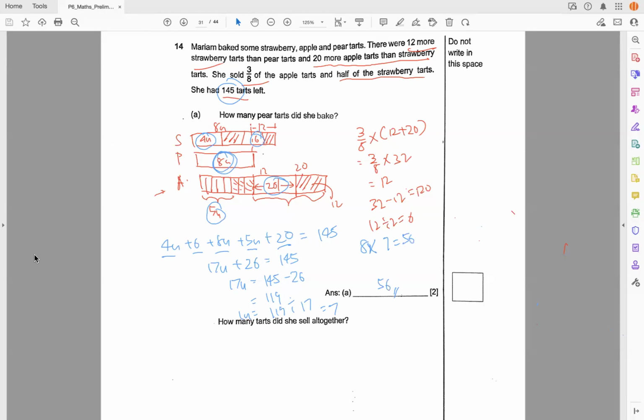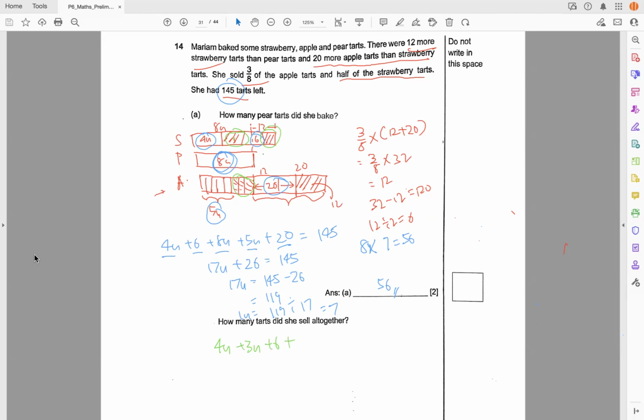Next question. How many tarts did she sell altogether? Let's find another color pen. So 4 units here. 3 units here, the shaded one, plus 6 here.